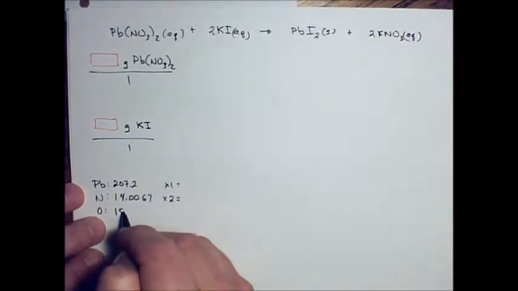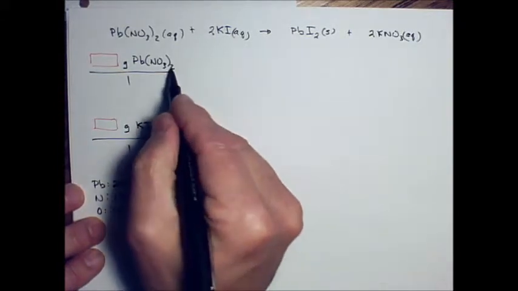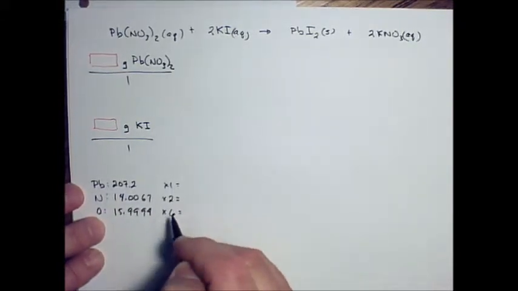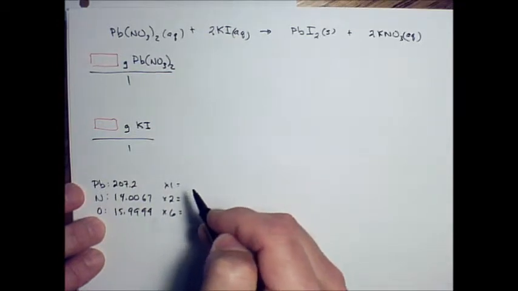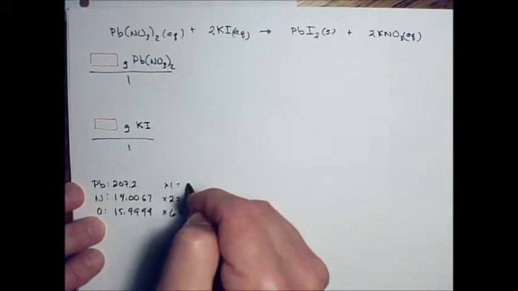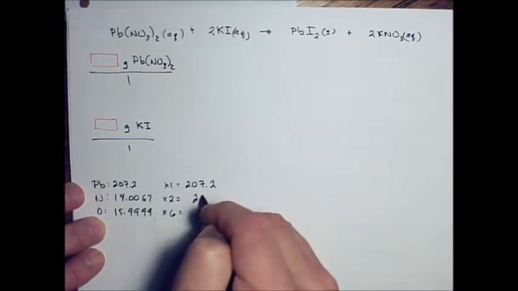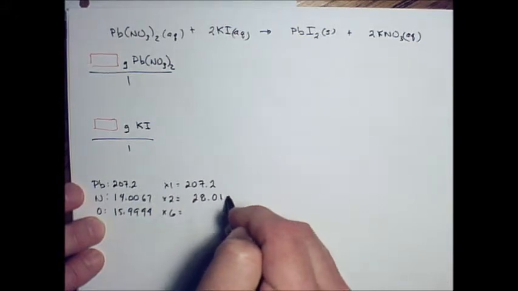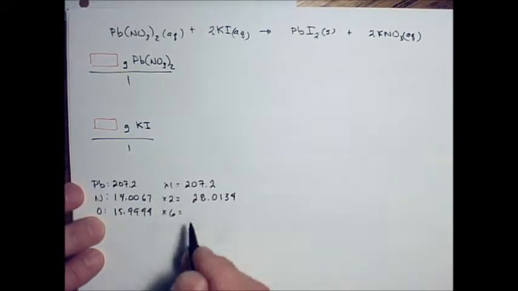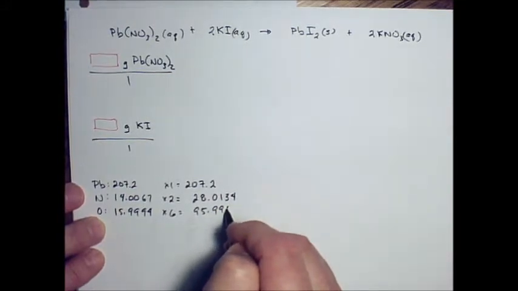And then oxygen is 15.9994, and there are 6 oxygens. So 207.2, 28.0134, 95.9964.